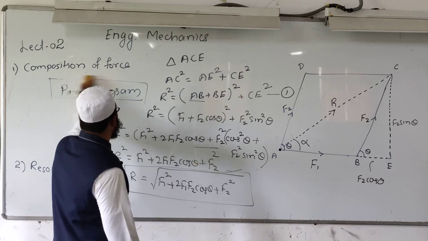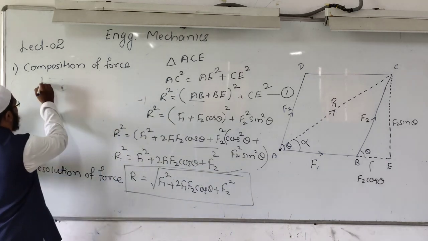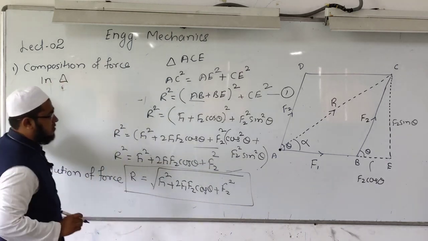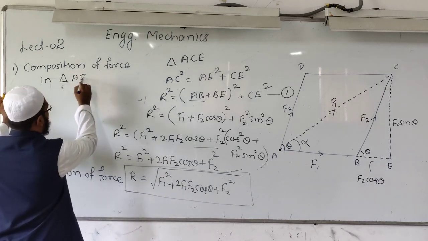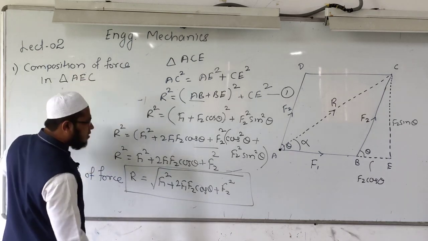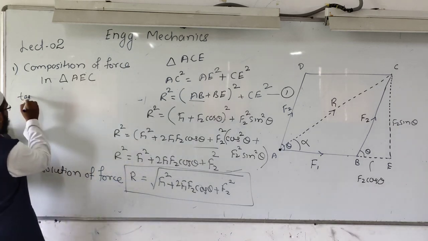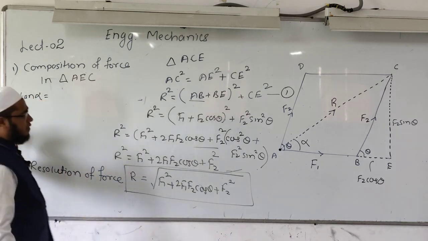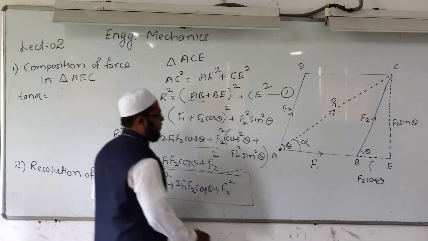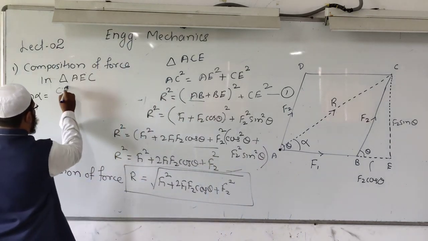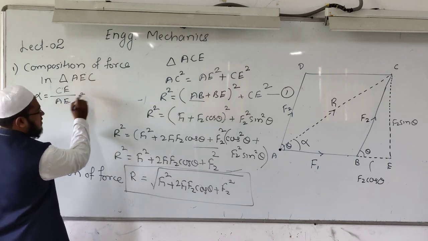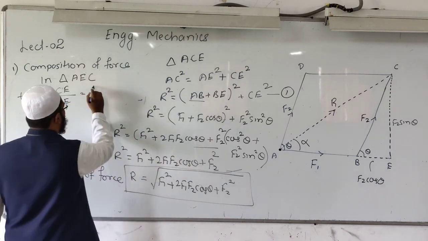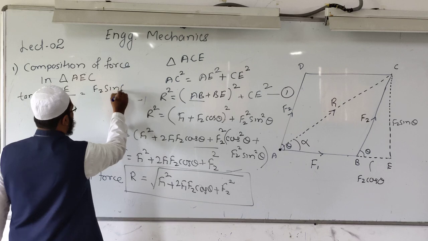So we will see in triangle AEC, tan alpha equals opposite upon adjacent. Opposite means CE, adjacent AE. CE we already know is F2 sin theta.